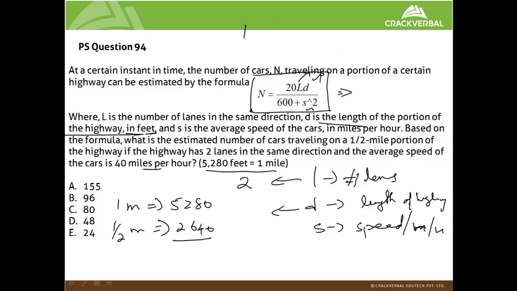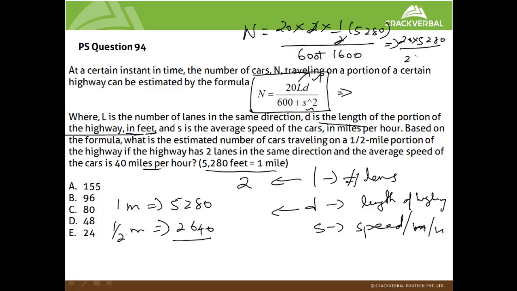So n is equal to 20 into L, which is 2, then half of 5280, divided by 600 plus S, which is 40 squared. 4 squared is 16, so 1600. So the 00 get cancelled, and you'll have 20 into 5280 divided by 2200, since 16 plus 6 is 22.